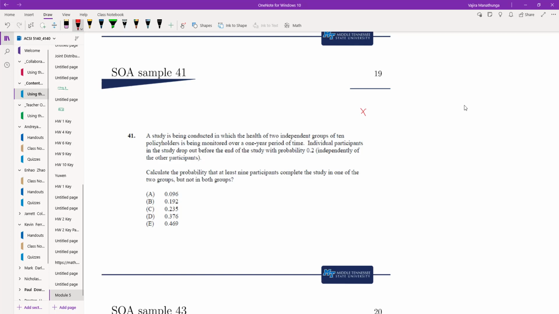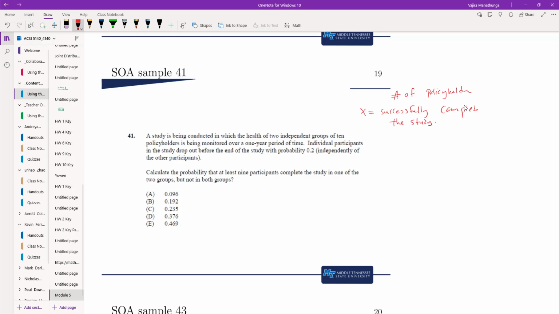So X would be the number of policyholders who successfully complete the study.